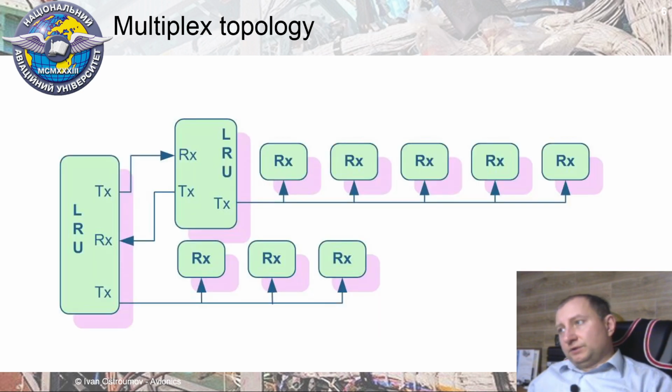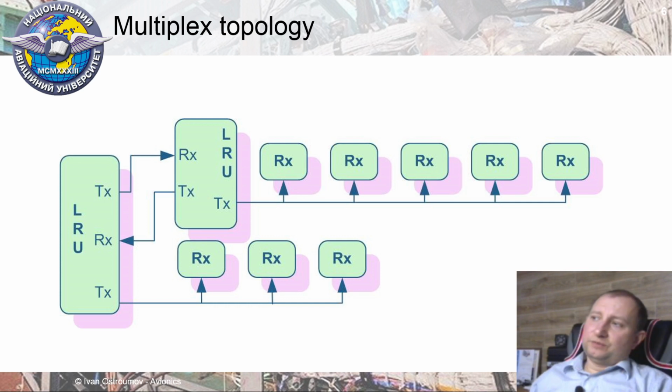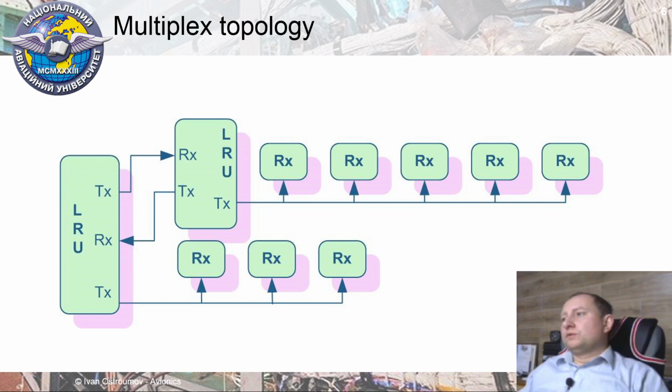Quite valuable is that ARINC 429 supports multiplexing topology. What does it mean? It means that one of the LRUs in the network can use a local subnetwork, and in this case we call this LRU a multiplexer, because it can switch packets from one network to another subnetwork.